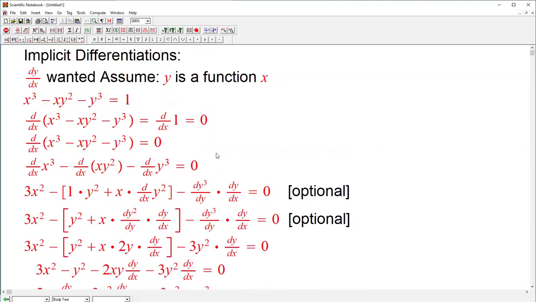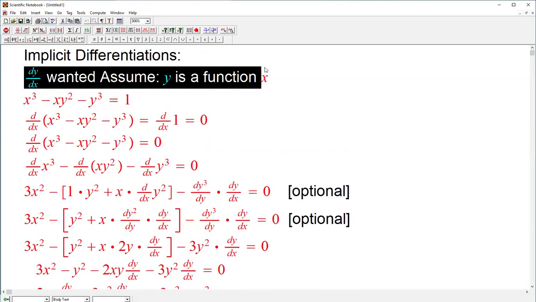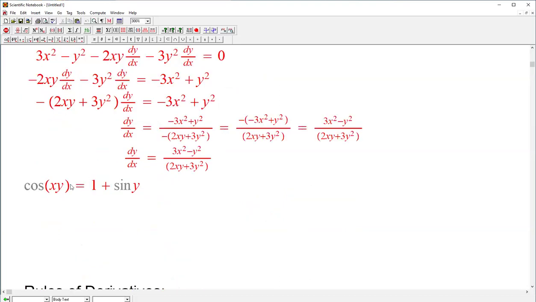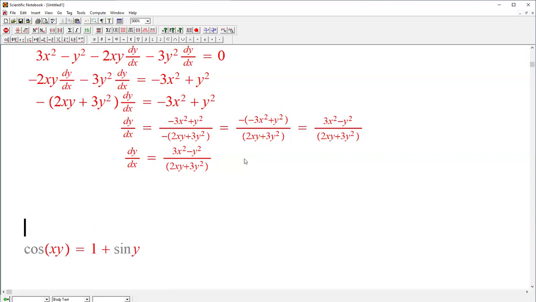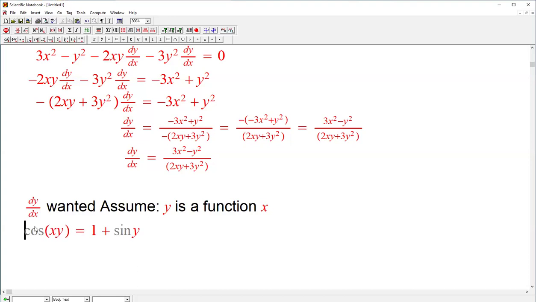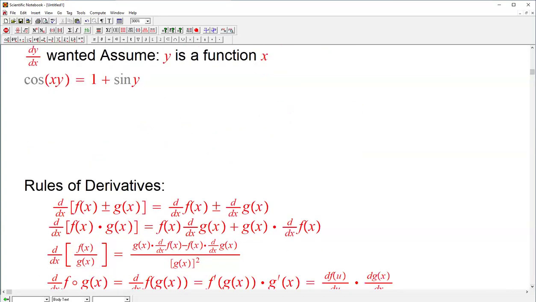And our target is still the same. We want dy dx. So the same assumption: we assume y is a function of x.